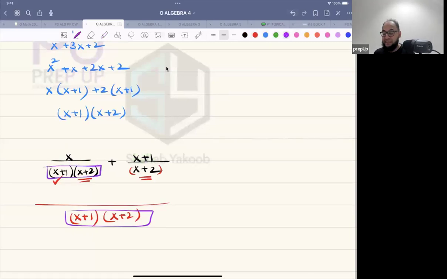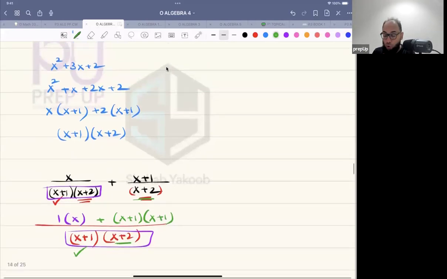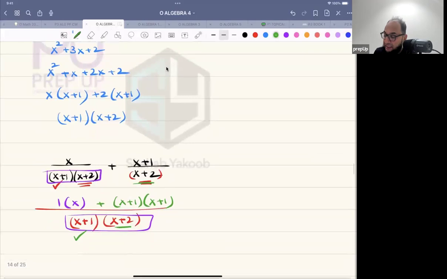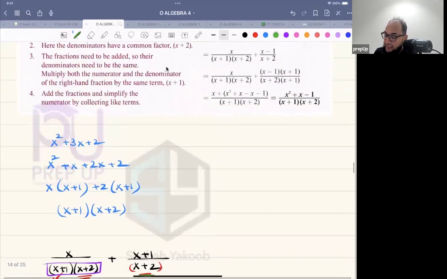So there is nothing to multiply. This divided by this is 1. So this is 1 into x. Similarly, there is x plus 2 over here. So it will multiply with the uncommon, which is x plus 1. So this is x plus 1 into x plus 1. Is this thing all good, all clear? So in a hurry, I multiplied, but there was nothing to multiply. Now look at it again.